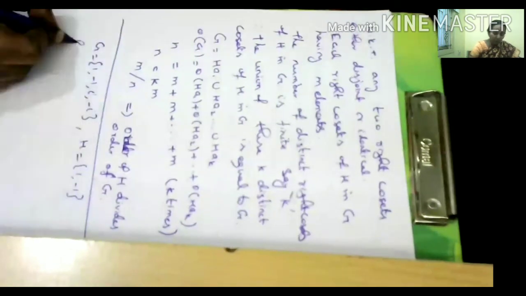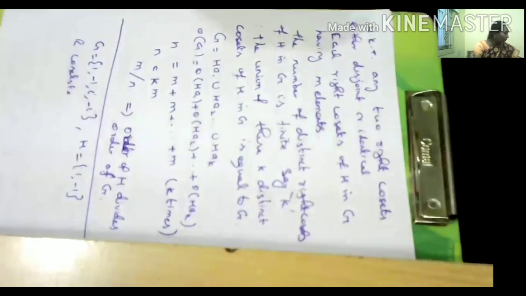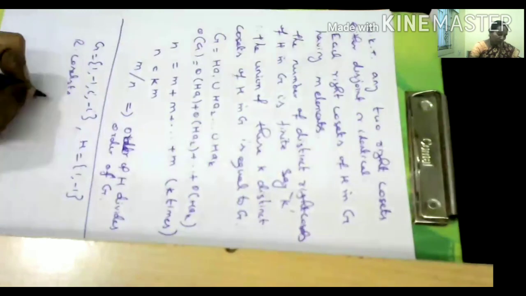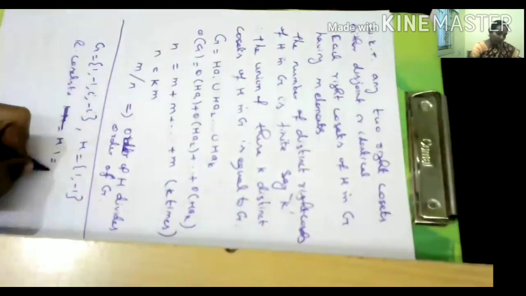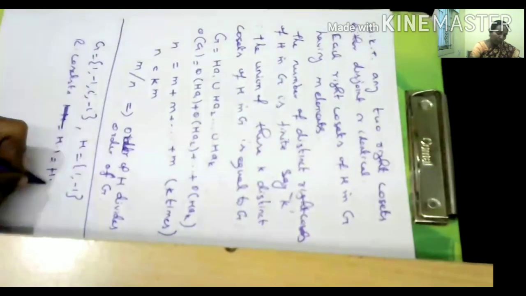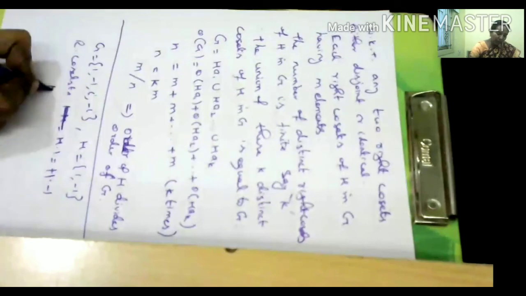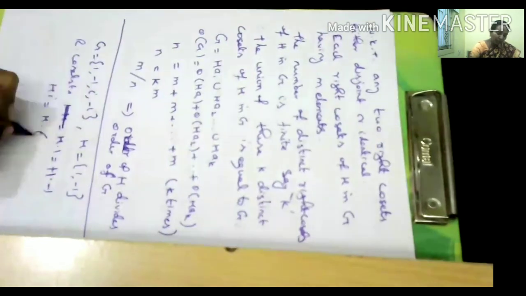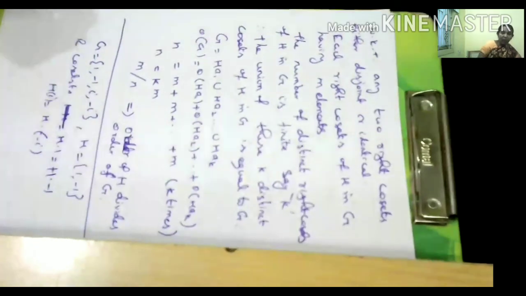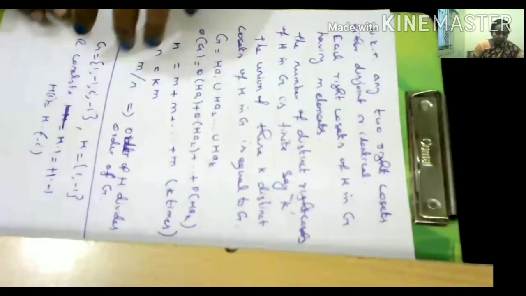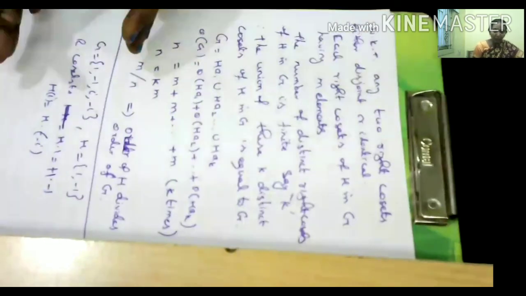Here the right cosets are: 1 into H is equal to H into 1 is equal to H into minus 1. Again, H into I is equal to H into minus I. So these are the right cosets we have got. Okay, I can explain with an example.